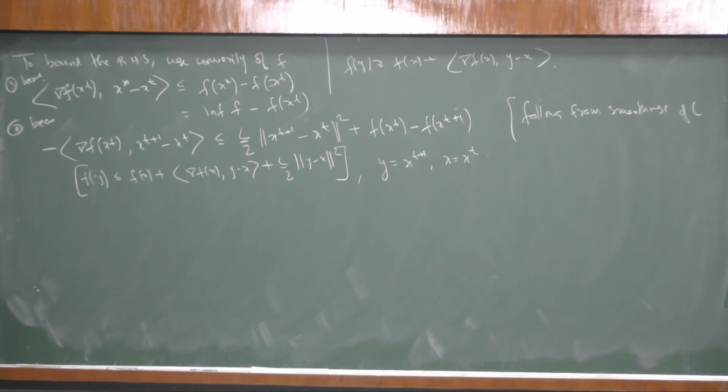Now by using the above two inequalities, these two bounds that we have, f xt gets cancelled, right? Because we are adding 1 and 2.